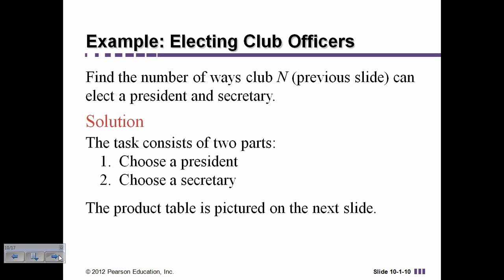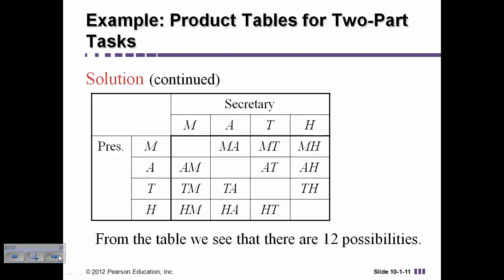So again, I'm taking the element M and pairing it up with all the other possibilities. The only thing you have to keep in mind is that the president cannot also be the secretary. So on this chart, the middle diagonal is blank because you can't have M be the president and M be the secretary.